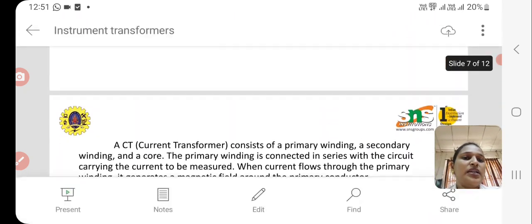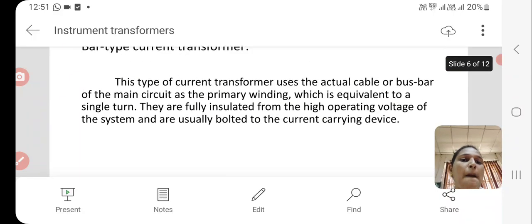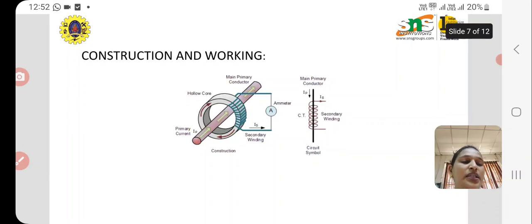Here we see the basic construction of a CT. We have the main primary conductor and a hollow core along which the secondary winding is conducted. This is an example of a bar type CT.